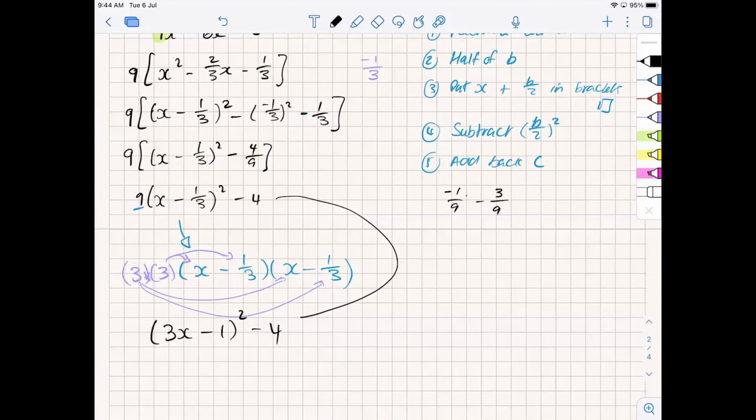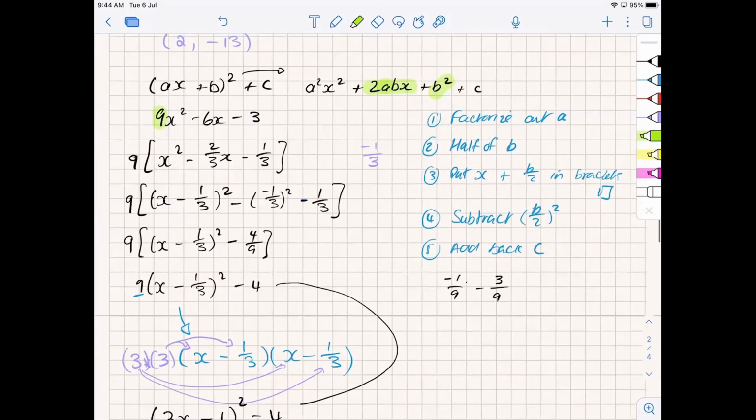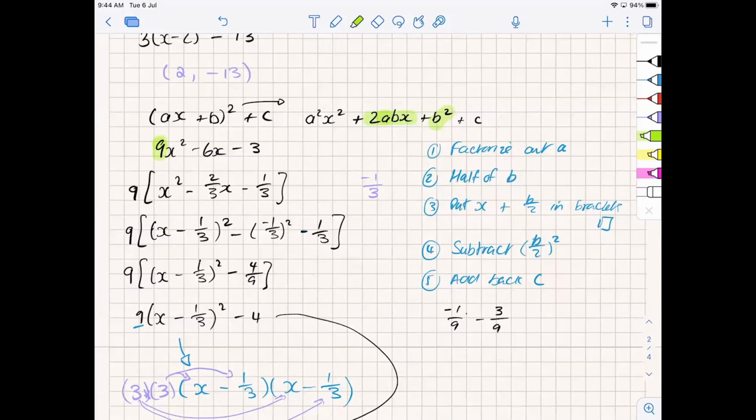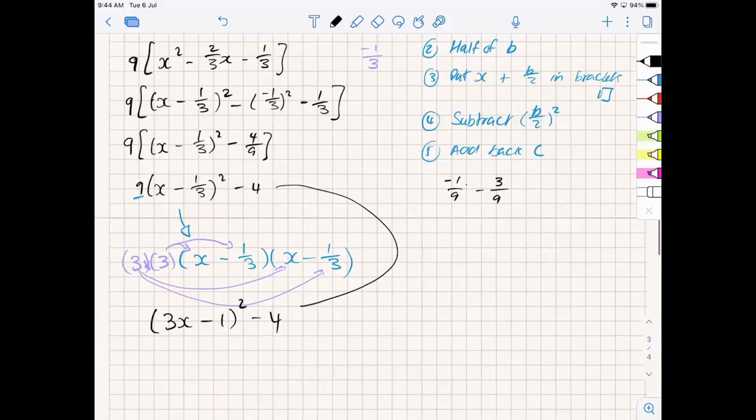Okay. Now that only works, like I said, when the number in front of x squared is a perfect square. Because if we come back to the final step, if this number here is not a perfect square, we could split it evenly, except it would get very messy.